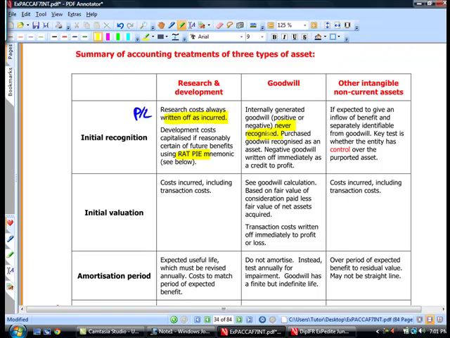Goodwill is always defined as the difference between the fair value of consideration paid to acquire a subsidiary and the fair value of the net assets of the subsidiary which were acquired. Transaction costs will no longer be included in the value of the asset. They will be written off to P&L immediately.